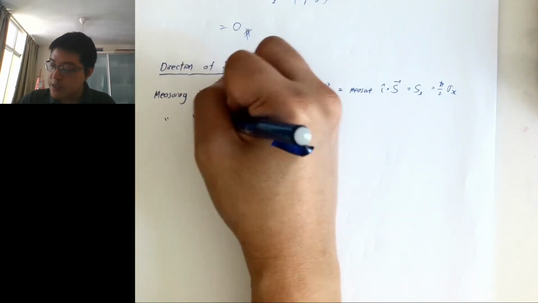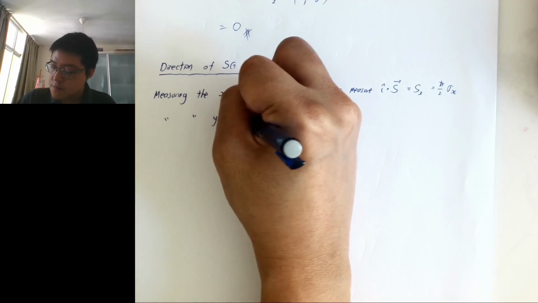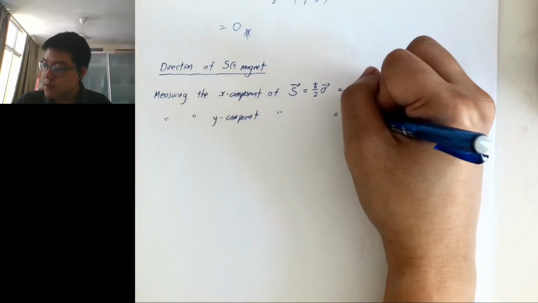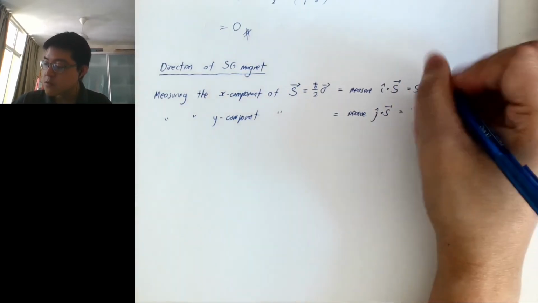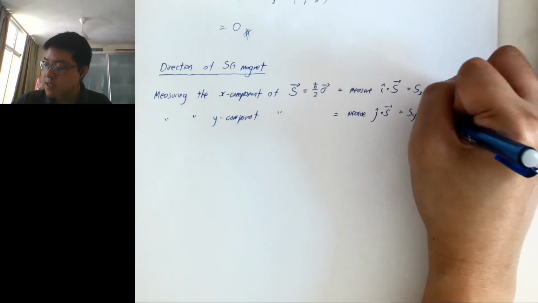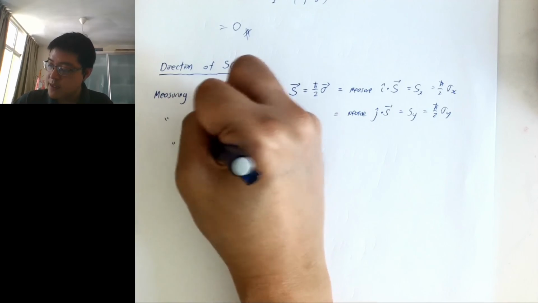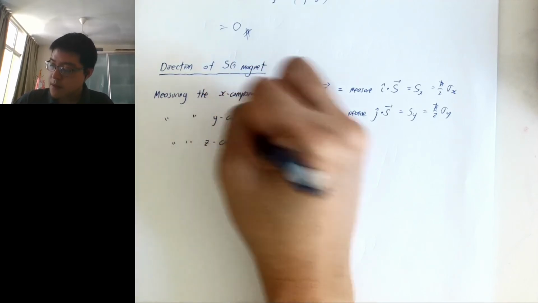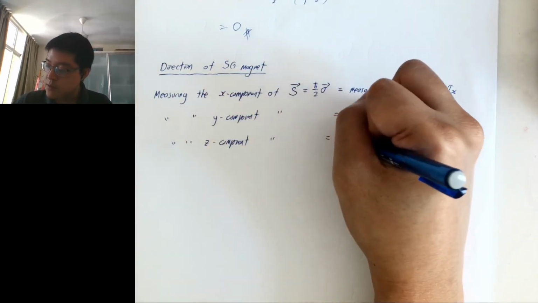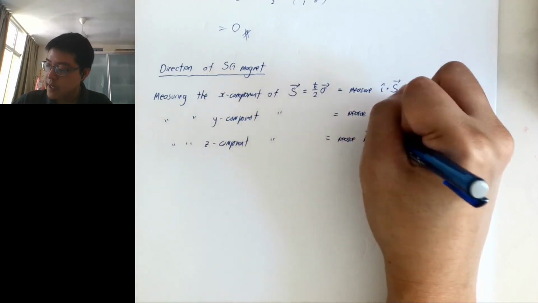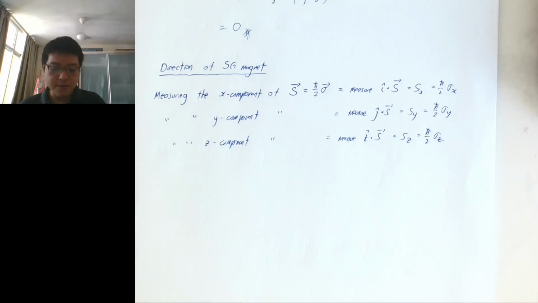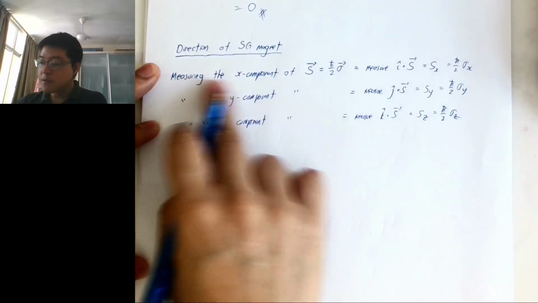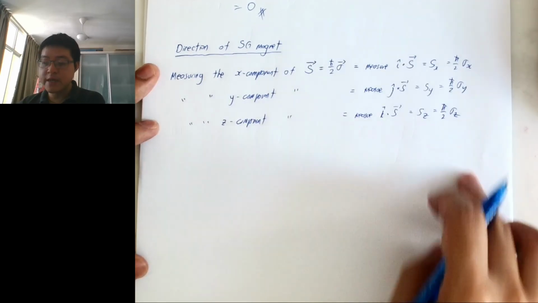If I want to measure the y component, same thing, you dot product with this, so you get Sy, which is just h bar over 2 sigma y. And same thing for the z component, you get h bar over 2 sigma z. Okay, so this one means the magnet must also be pointing in this direction, right?